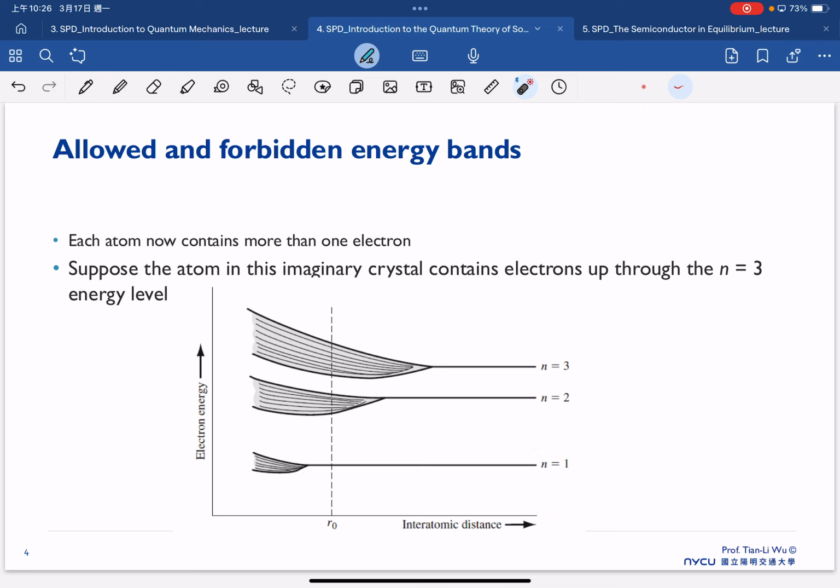So you have 3 electrons. Each electron will be surrounded by lots of atoms nearby. So the interaction of one electron with the other surrounding atoms can be spanned by a discrete energy band. But now you have 3, so it will become like this.